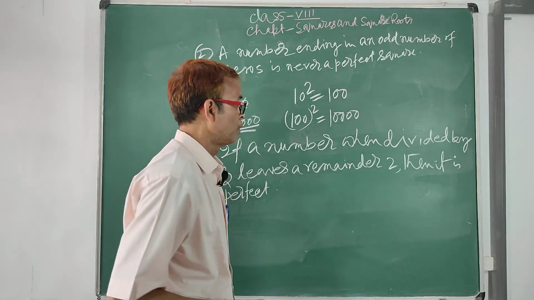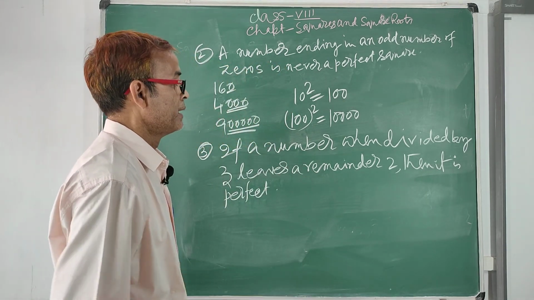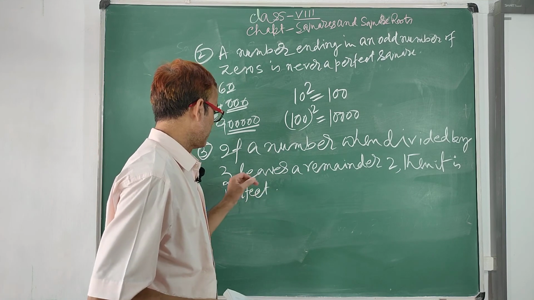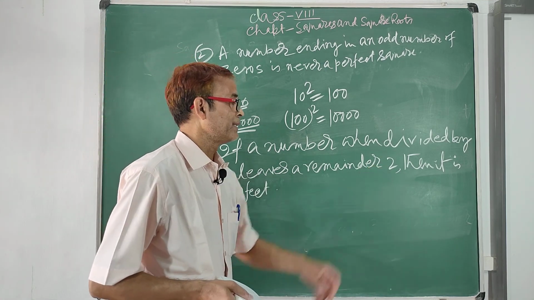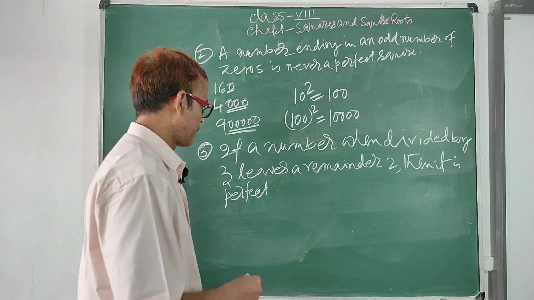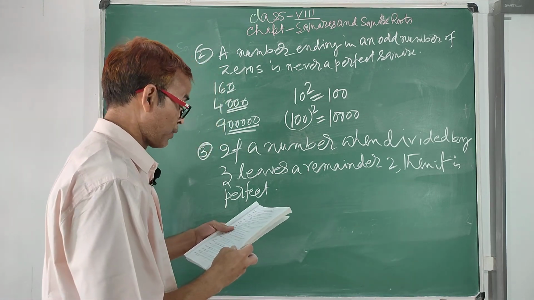So to check whether a number is a perfect square or not, you may divide by 3, and if you get remainder 2, then that number cannot be a perfect square number.